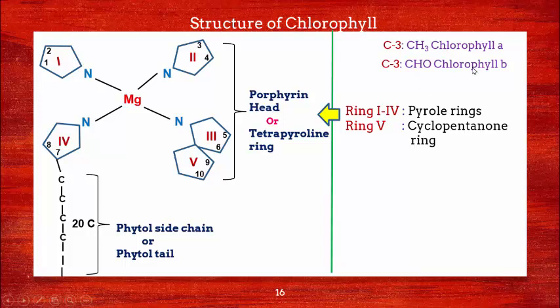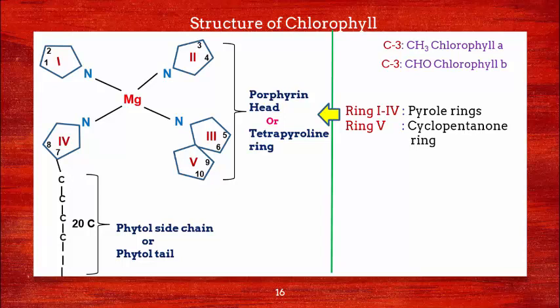Now we will see the second part of chlorophyll, that is the tail region. A long hydrocarbon chain is attached to the 7th carbon atom of the 4th ring. This long hydrocarbon chain has 20 carbon atoms, and this is known as phytol tail or phytol side chain.